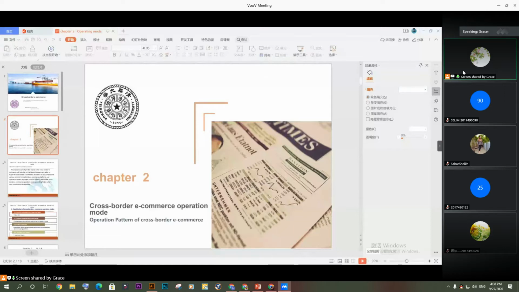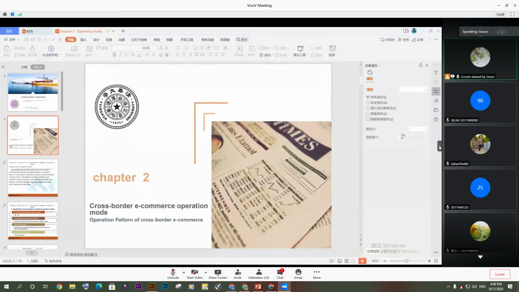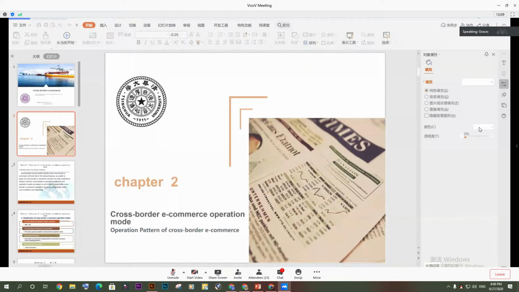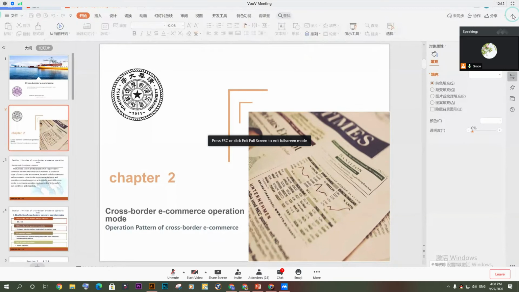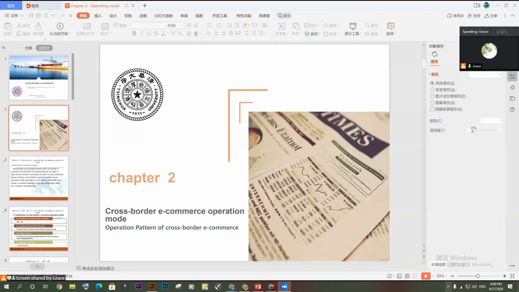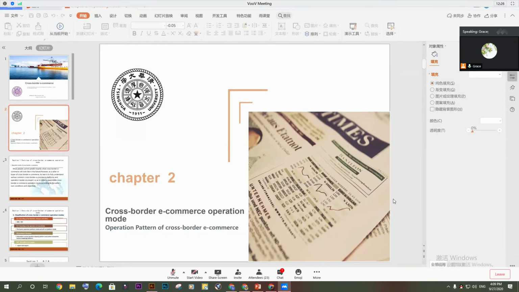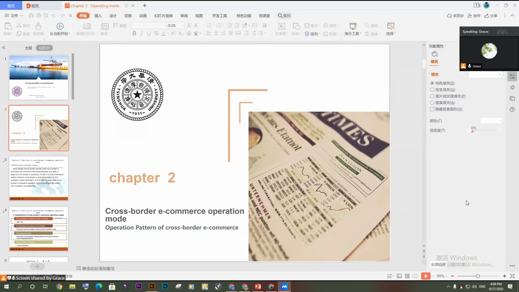However, as a seller or buyer of cross-border e-commerce, its task is to fully understand the various common cross-border e-commerce platforms and operation modes at present. So that means we have various cross-border e-commerce platforms and various operation modes at present. If you want to do it well, maybe you should know what that is, so as to select a reasonable cross-border e-commerce operation mode according to the seller's own conditions and objectives.